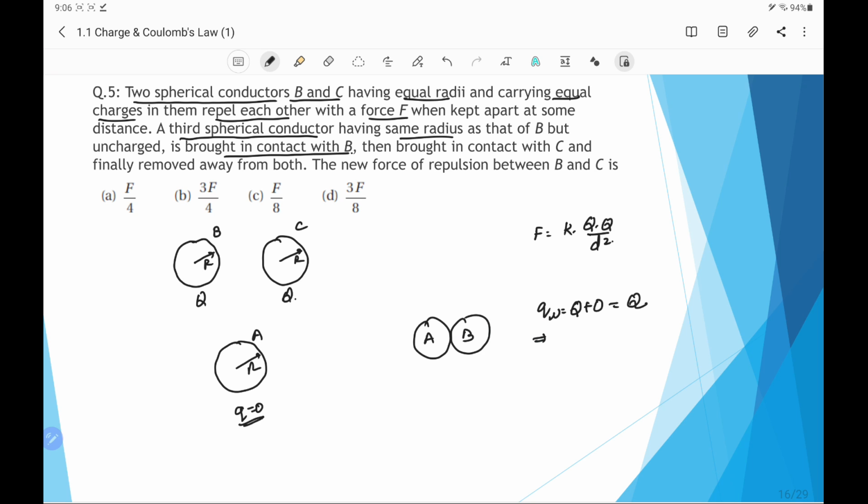Therefore, on separating these two conductors, charge on A will become Q by 2. Similarly, charge on B will also become Q by 2.